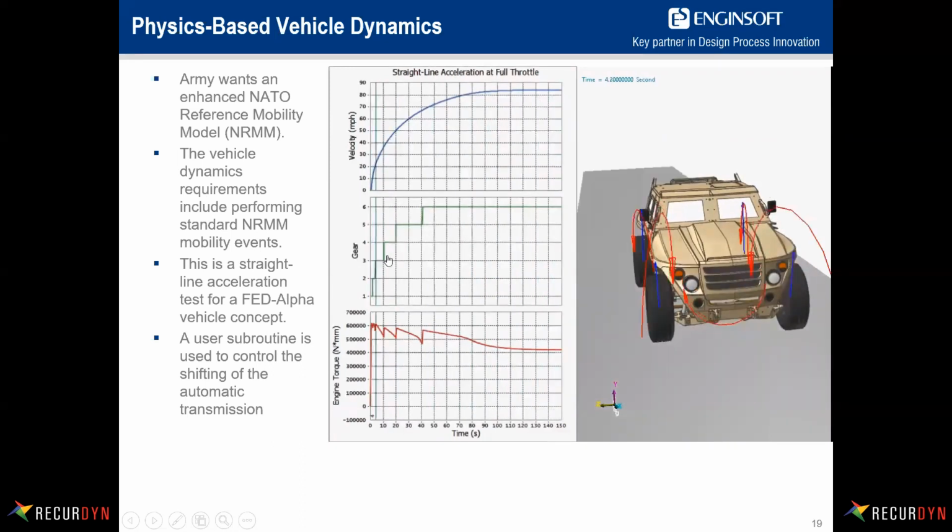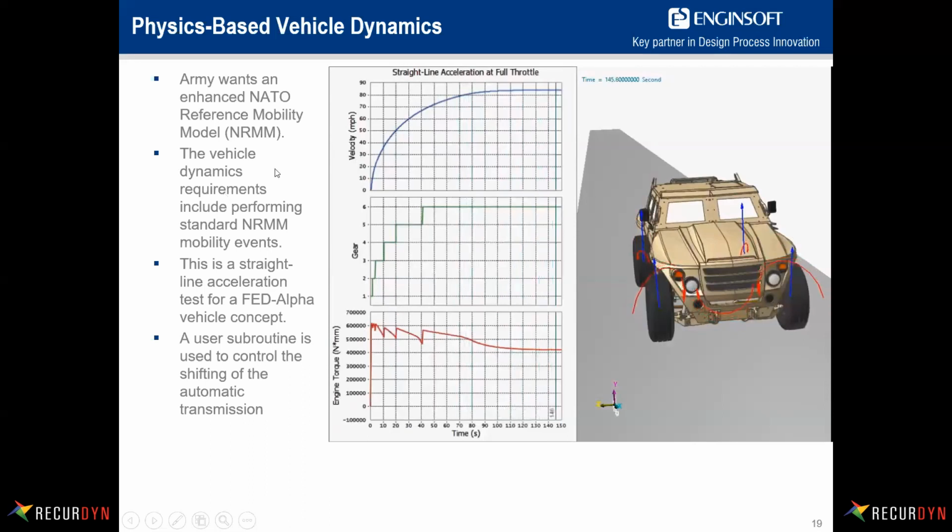And then the middle plot is showing us the gear changes. And this is, I think, 5-speed. And then on the bottom, we're looking at the engine torque as a function of time. So the speed of the engine is going to be varying with the gear that it's in. And you can see that when it shifts to the next gear, the torque jumps up because the RPMs are slower and so forth.